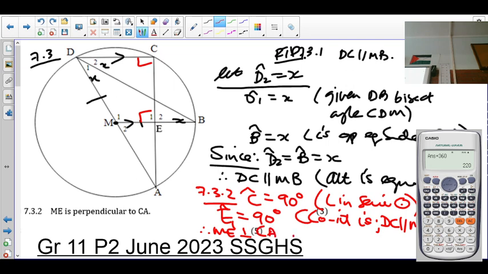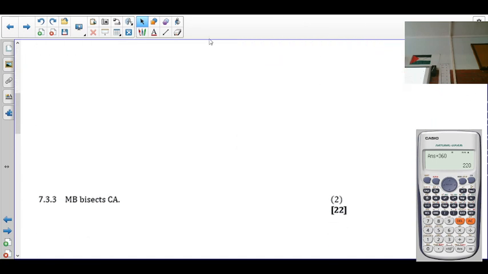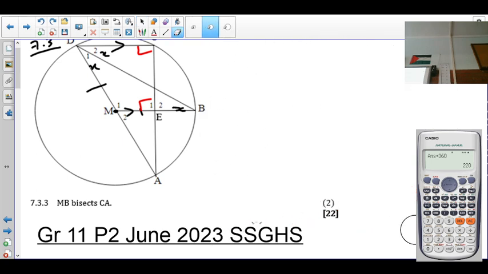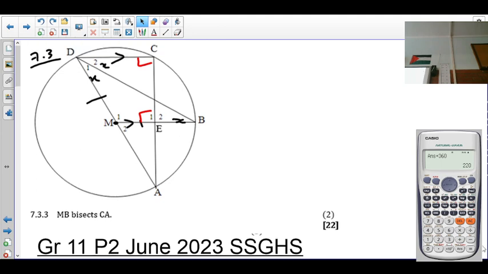Simple. No? But if that is 90, what do we know? CE has to be equal to EA, perpendicular from center to chord bisects the chord. But let's see what's the next question. The next question says that MB bisects CA.